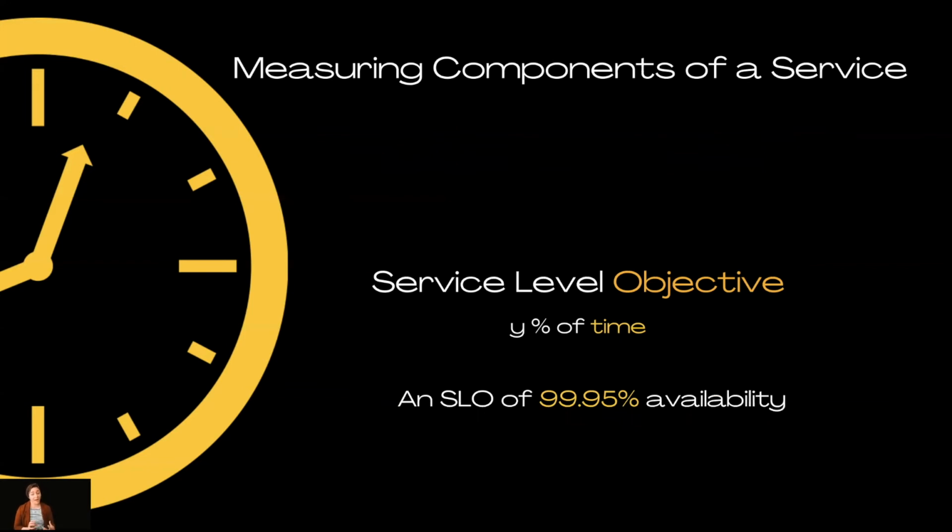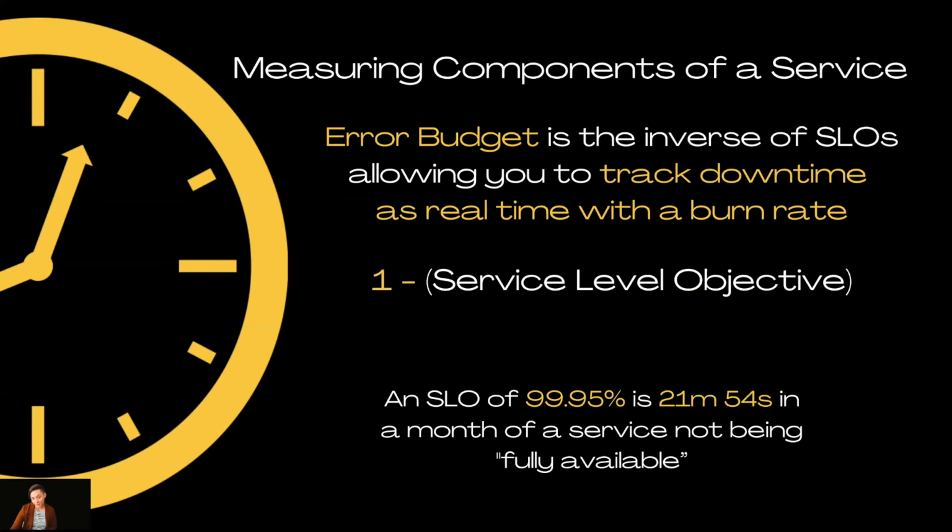So if we have a service level objective in place, and our key example here being an SLO of maybe 99.95 availability, how can I then turn that very simply into an error budget? Now, the error budget is just the inverse of the SLO. I'm making it go from an abstract percentage value to something that can be tied to real time with the burn rate.